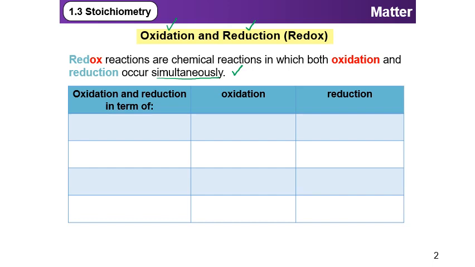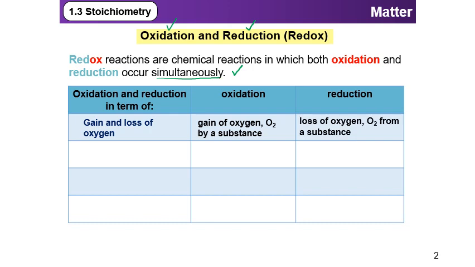There are a few terms that we can use to know whether the reaction is considered oxidation or reduction. First, in terms of gain or loss of oxygen. Oxidation, in bahasa is penoksidan, is gain of oxygen, while reduction is loss of oxygen.